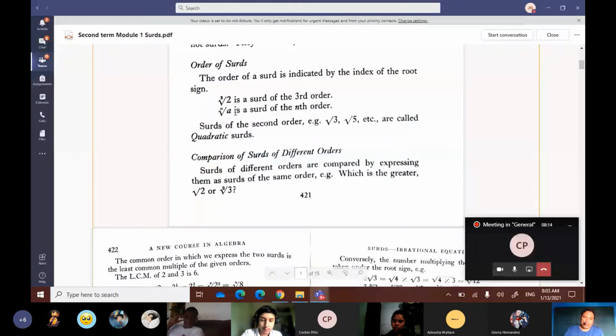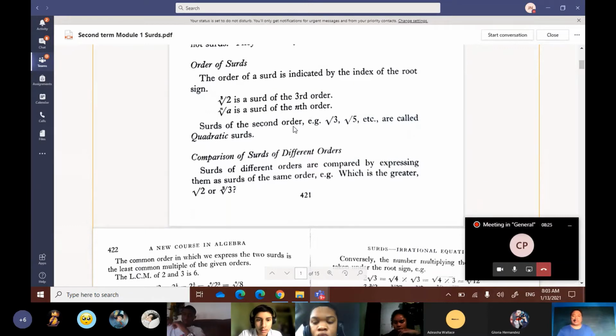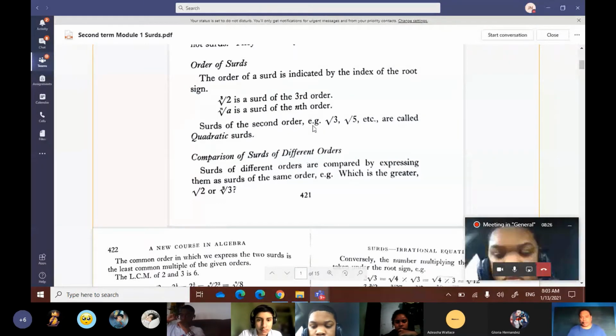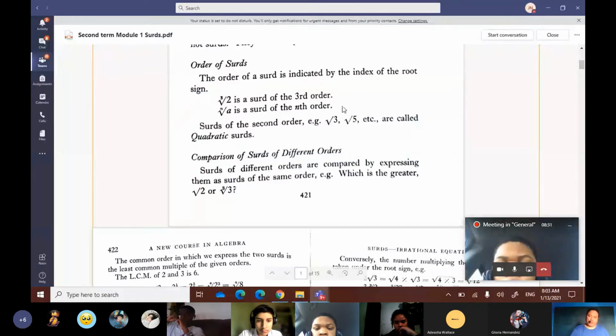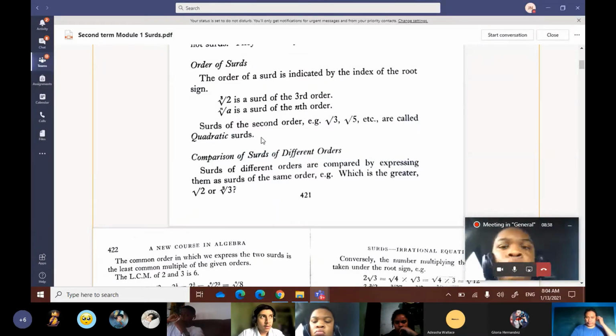The nth root of a, the surd, has an nth order because there's an n right there. It's very small, but it's right there. Examples of surds of the second order are the square root of 3, square root of 5, called quadratic surds.